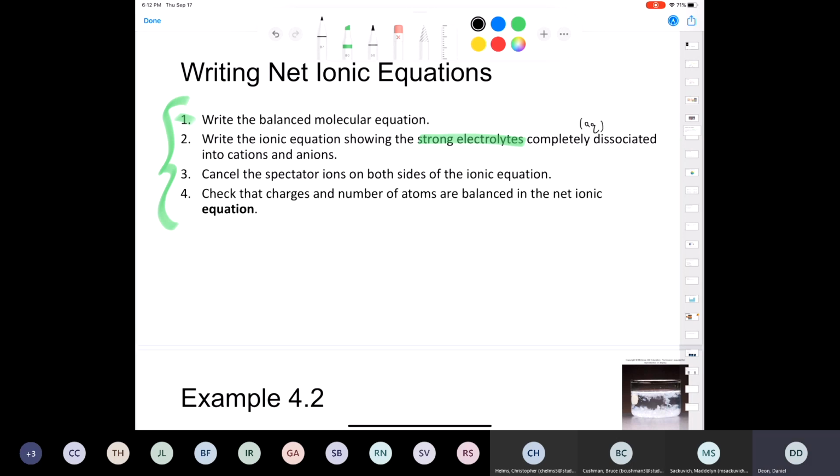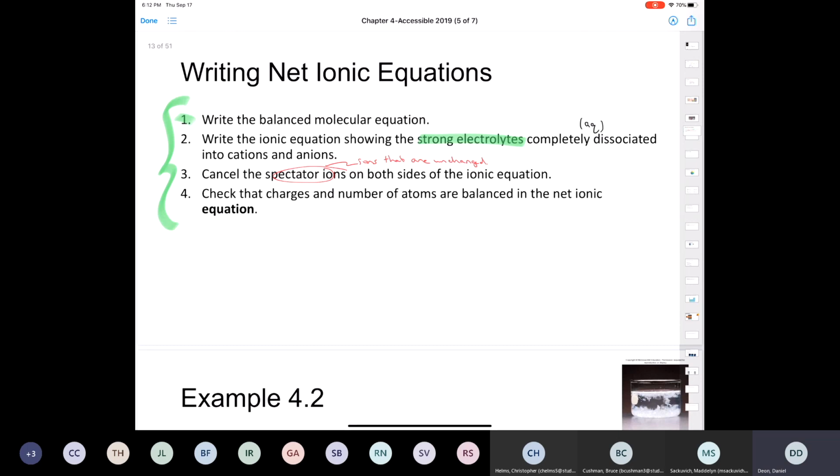And again, the spectator ions are the ions that were unchanged. We don't change those, so those are spectators. Then we check that the charges and the number of atoms are balanced in the net ionic equation. Boom. And then we write out the net ionic equation.